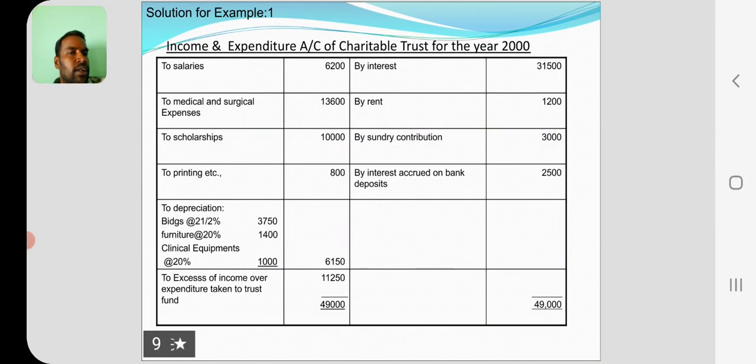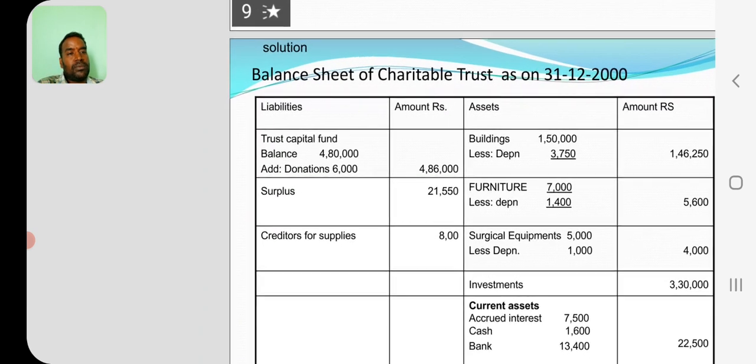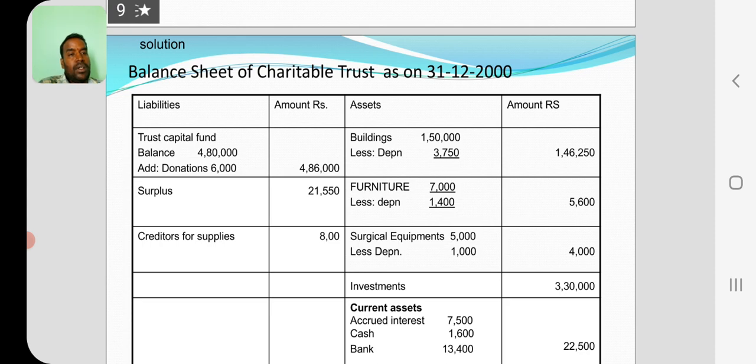Buildings 1,50,000 less depreciation 3,750. The net value is 1,46,250.